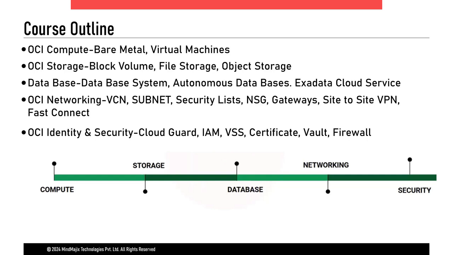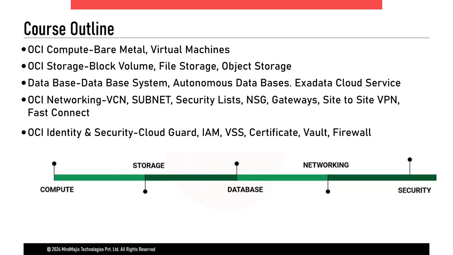We have another area, identity and security, where we have the option of managing all the security related features, like Cloud Guard. Maybe you have heard about it. Cloud Guard is an Oracle tool that can be used to monitor the entire tenancy.